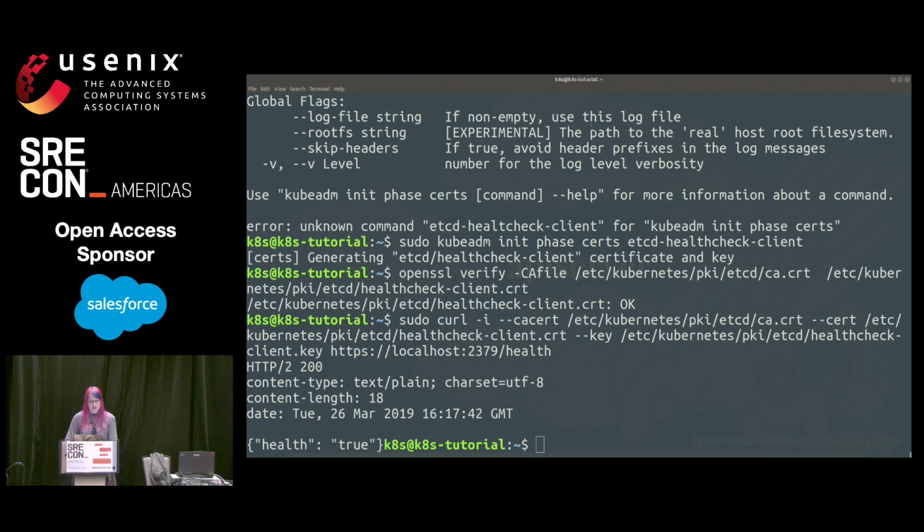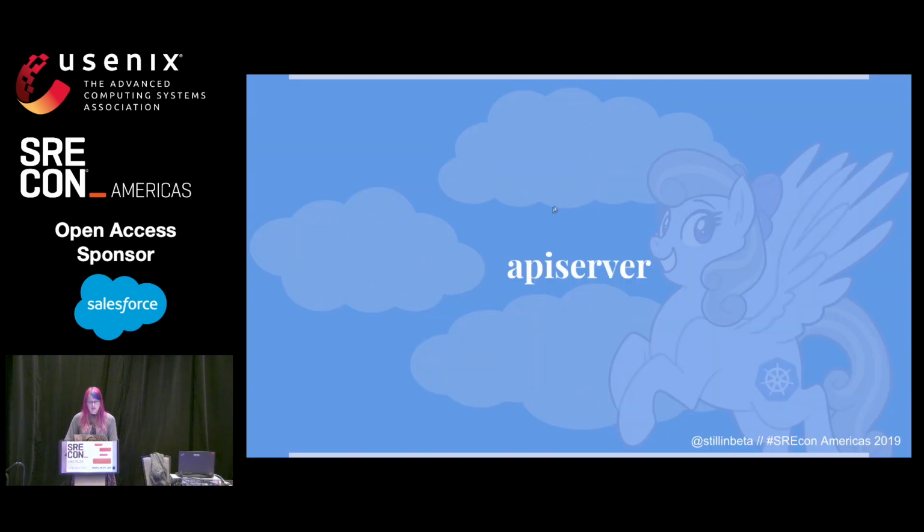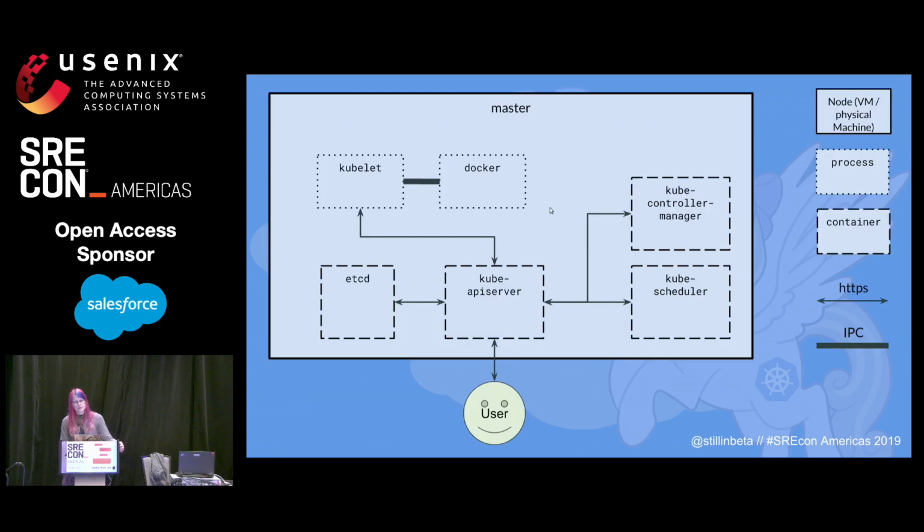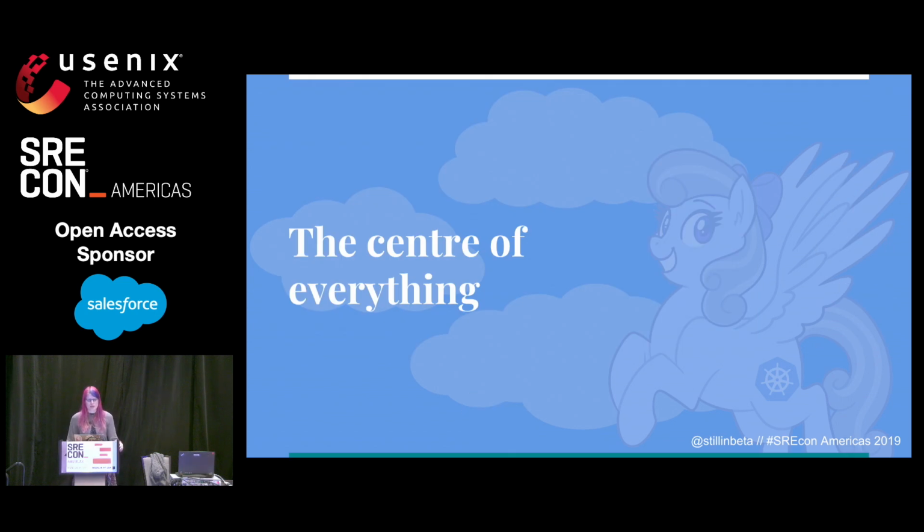But let's go back to the slide deck for just a second, because the next thing is the API server. And the API server is actually sort of the brains of the operation, even though it tries not to actually do much for itself.